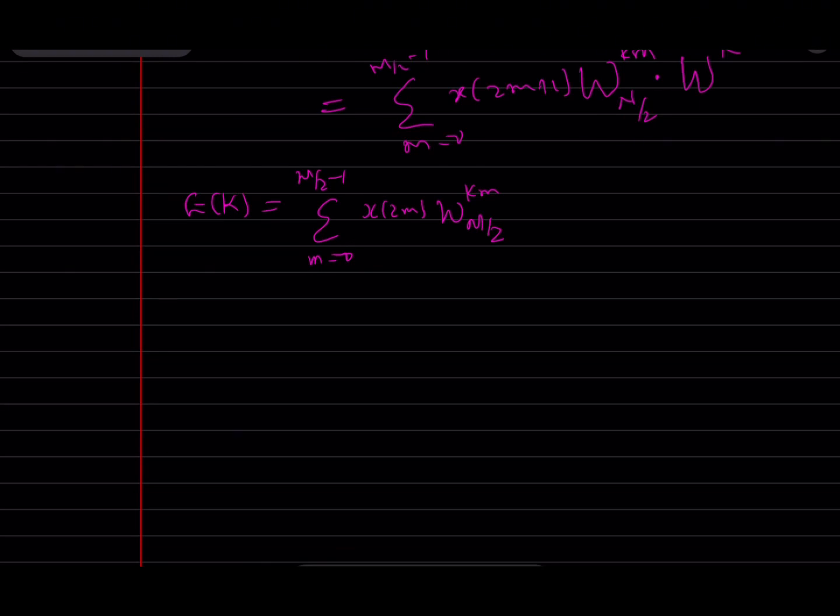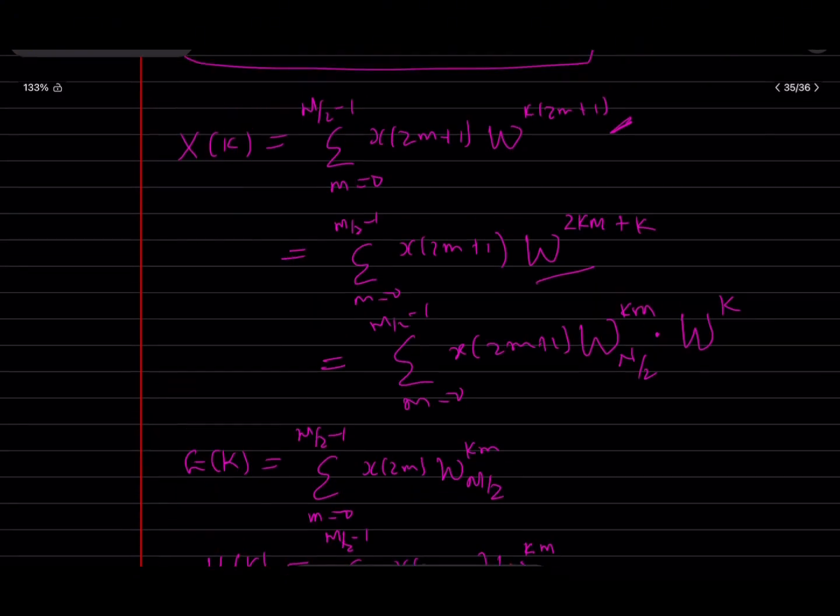We can also say that the discrete Fourier transform of the odd sequence inside the given sequence can be represented by the summation of m equal to 0 to N over 2 minus 1 of x of 2m plus 1, omega to the km, N over 2. This is what it will represent.